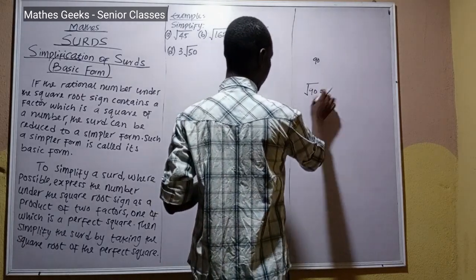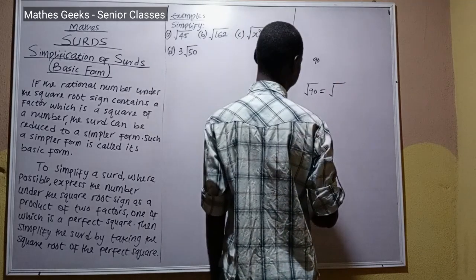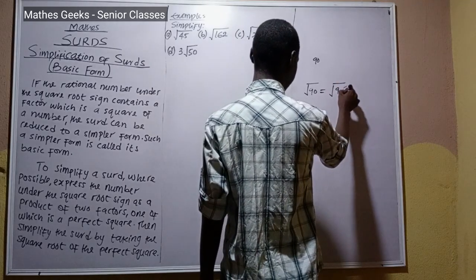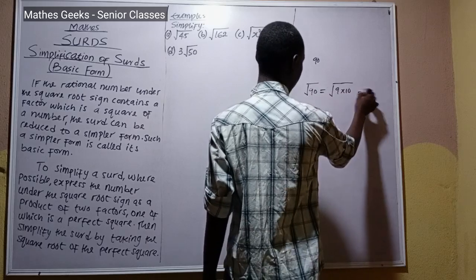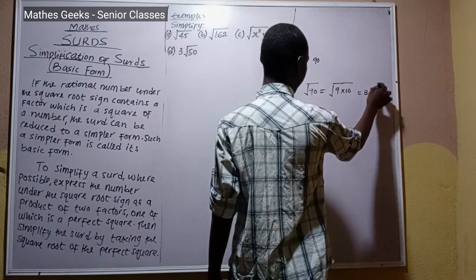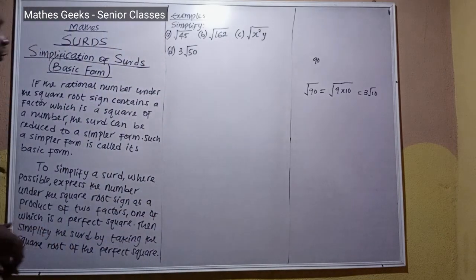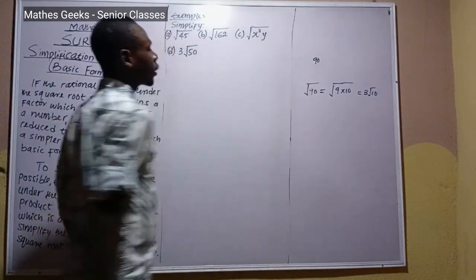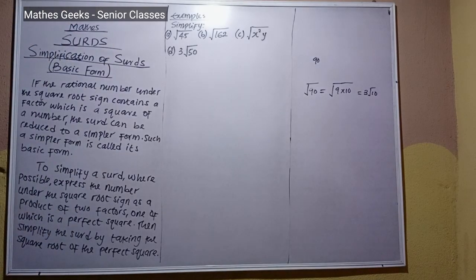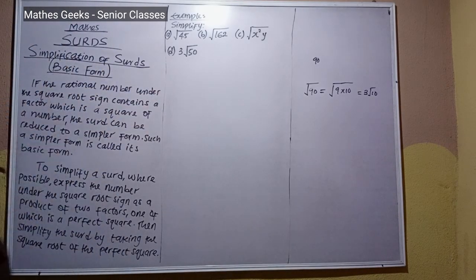If we are simplifying this, we're going to have 9 times 10, which is the product of 90, and that will give us 3 root 10. That's the simplification of this surd.